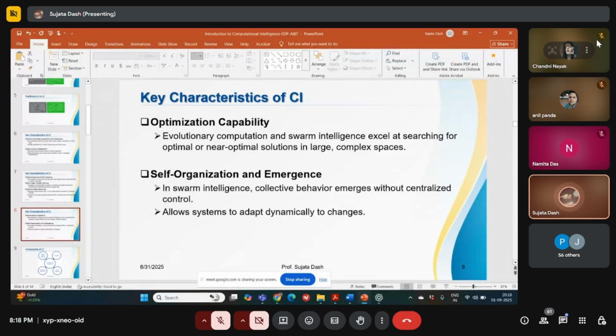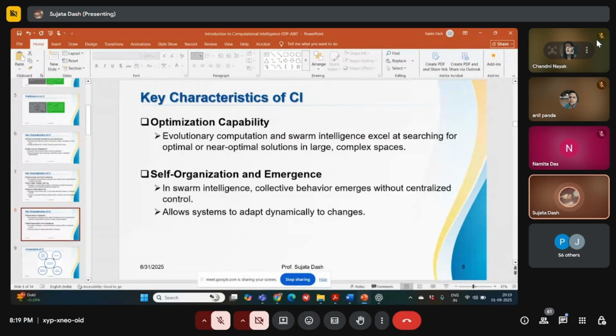They mimic natural processes such as evolution, mutation, or the way birds flock and ants find food. So instead of trying every option, they explore smartly and find optimal or near optimal solutions efficiently. So CI is excellent at solving hard and complex problems by finding the best fit solution, where traditional methods would be too slow or may fail entirely.